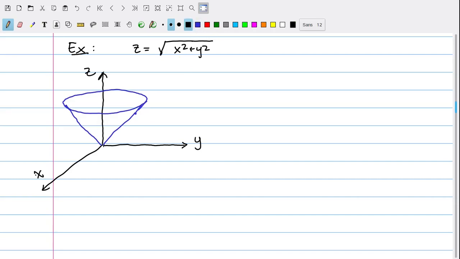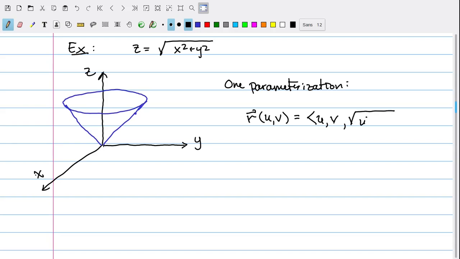And there are a couple different ways to parameterize this. One feasible parameterization is just to take r of u and v, and I'm just going to let x be u and y be v. So it's the most obvious parameterization in the world, and then in order to get my surface, I'm going to have to let z be the square root of u squared plus v squared.